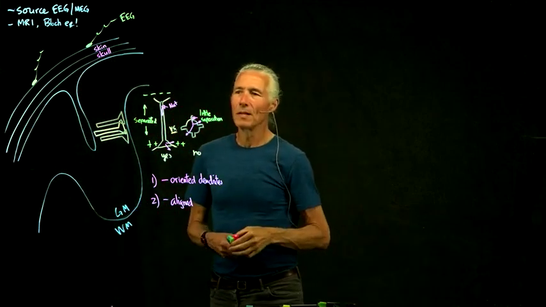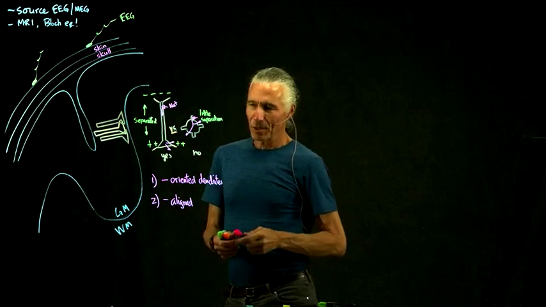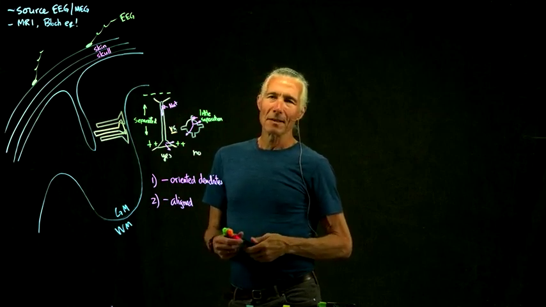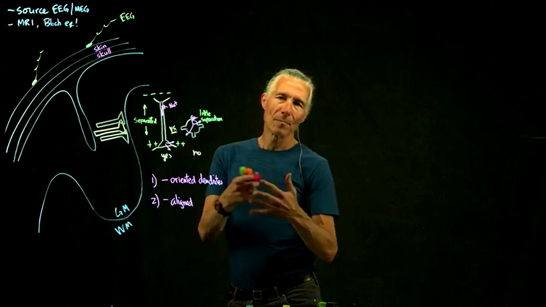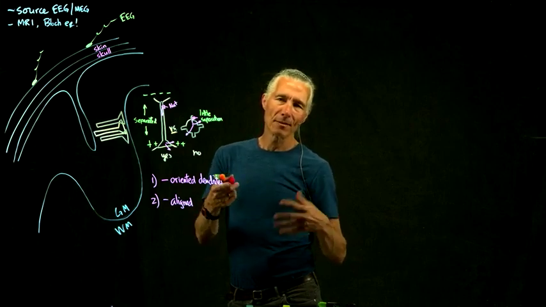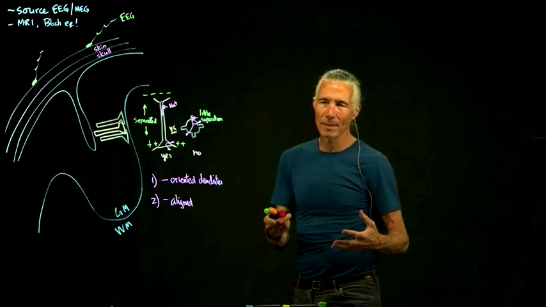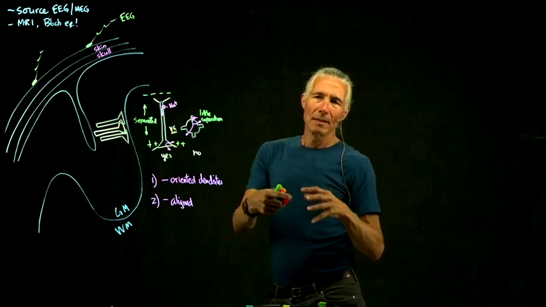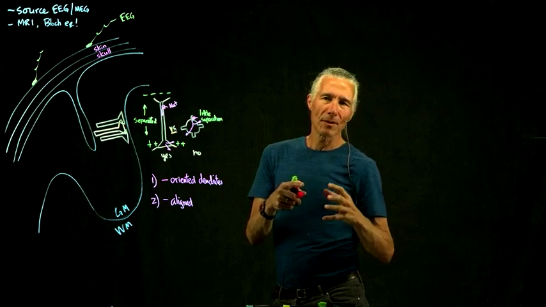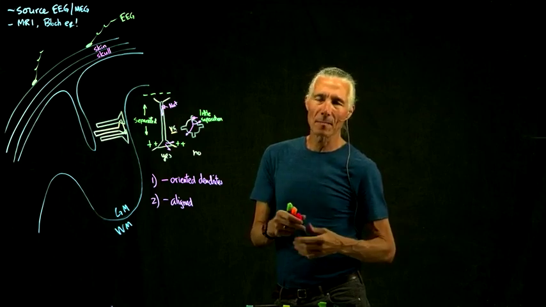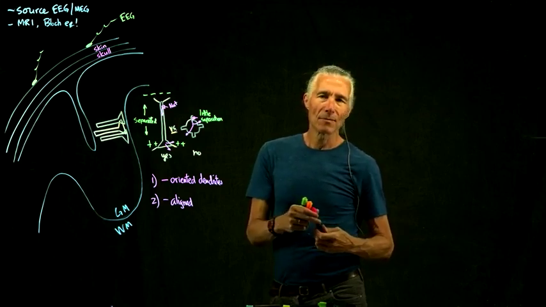That's number two. And that's not true in all different parts of the brain. Some parts of the brain, the amygdala, for instance, there's spiny cells in the amygdala, but the cells don't tend to have long apical dendrites, and so you're not likely to get a big signal out of the amygdala.